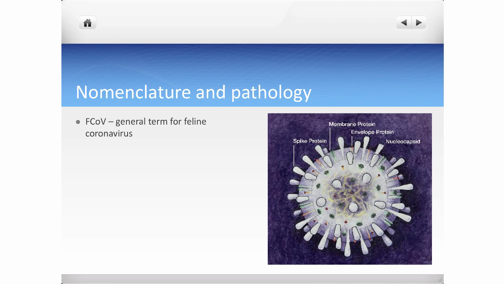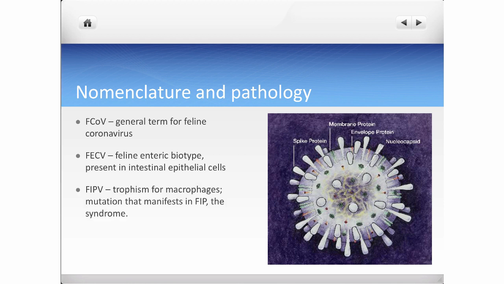So I'm going to talk a little bit about nomenclature. And again, we kind of moved into this nomenclature, we may be advancing out of it. But generally, we're going to use FCoV for feline coronavirus, that common ubiquitous virus that causes self-limiting diarrhea. I'm going to use FECV to talk about the enteric biotype, the virus when it enters intestinal epithelial cells and actually causes some disease there.